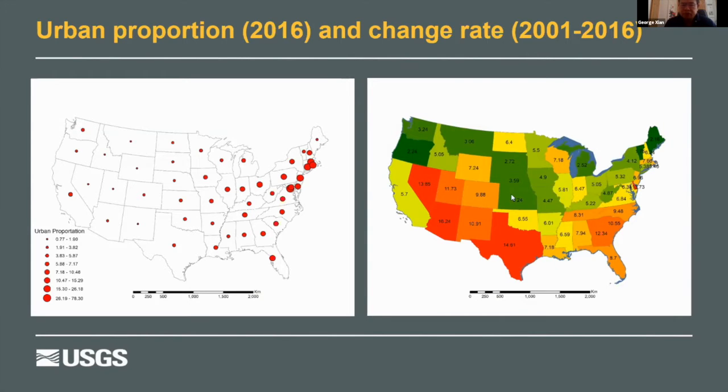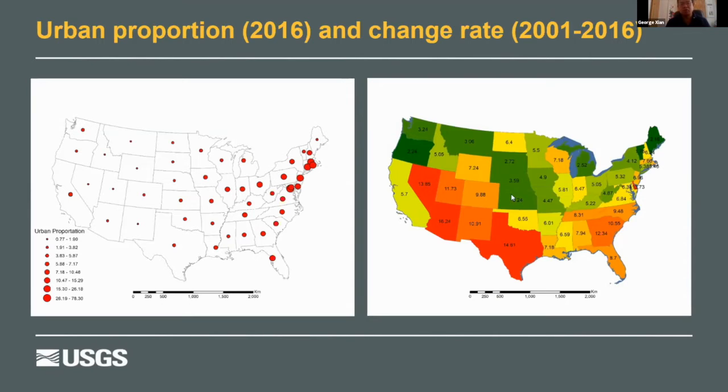For example, from 2001 to 2016, in Texas we have 14.6%. That means urban growth during that period increased by almost 15%. In another state, for example in the central part, South Dakota, it only increased about 2.7%.